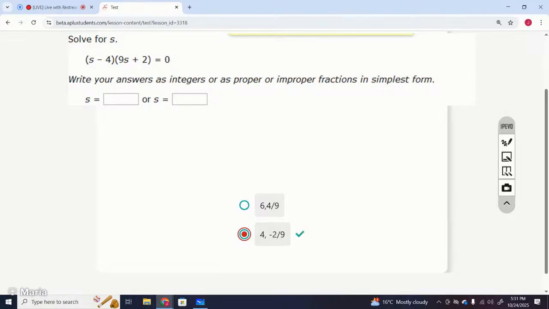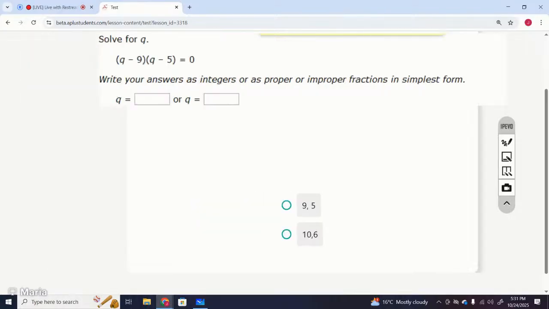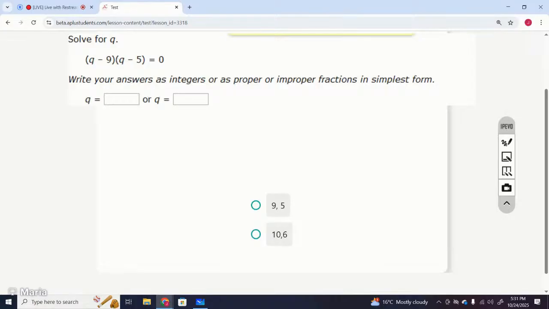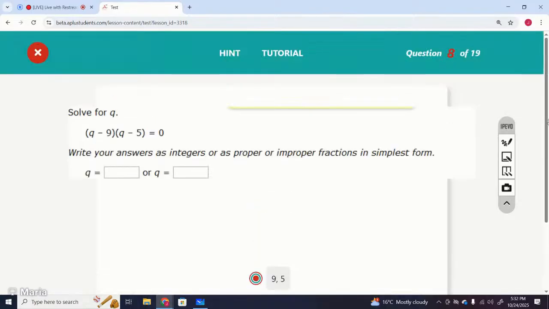Option number 2 is the correct option. q minus 9 and q minus 5 equals 0. That is 9 and 5. Option number 1 is the correct option.